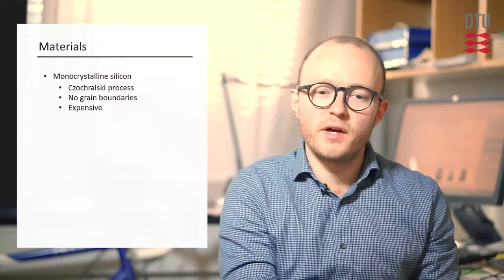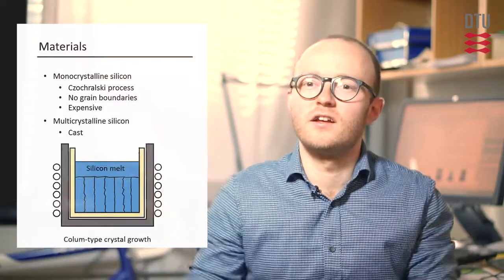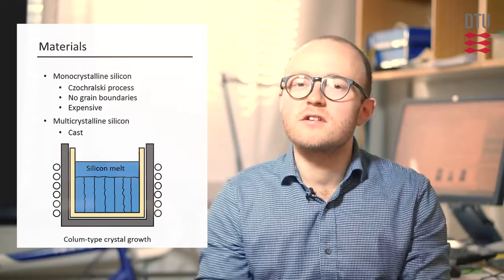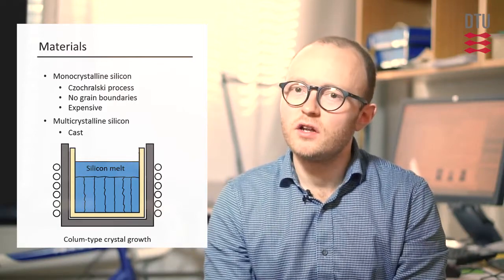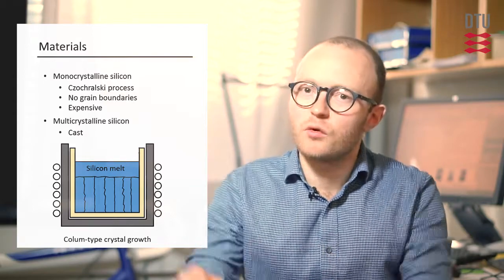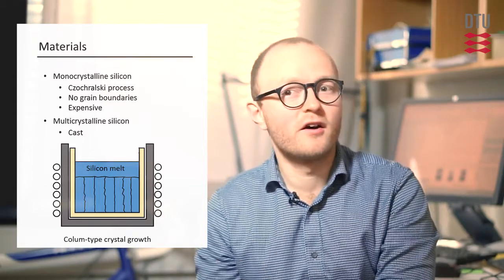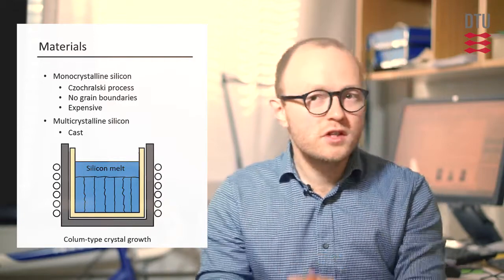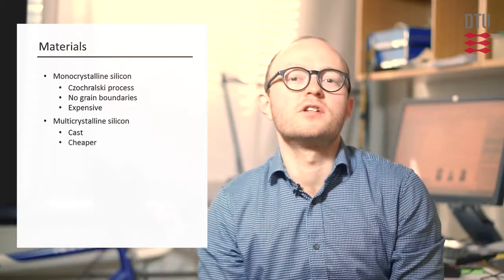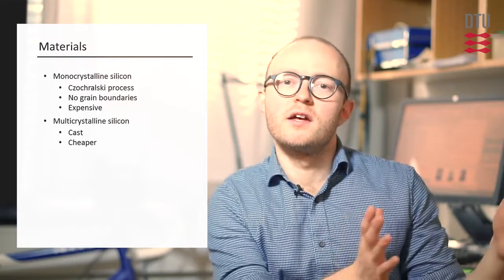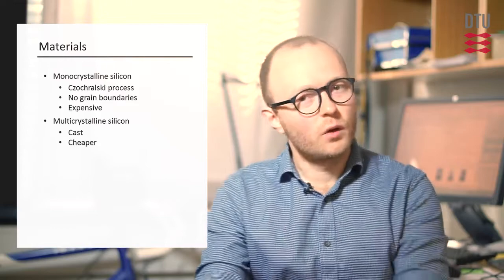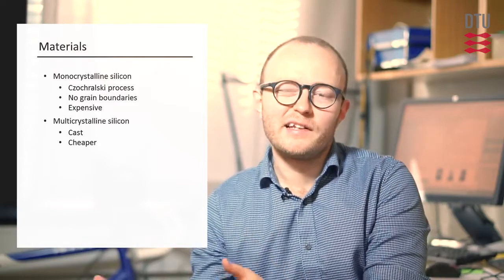And it's more expensive compared to the multicrystalline silicon cells that are cast in a mold. When we do that, we get grains of different crystal orientation, which gives recombination at the grain boundaries, but it is a cheaper way of manufacturing the wafers and therefore also the cells. So we have these two main categories of silicon cells, one being slightly more expensive to produce and slightly more efficient, and one being slightly cheaper and slightly less efficient.